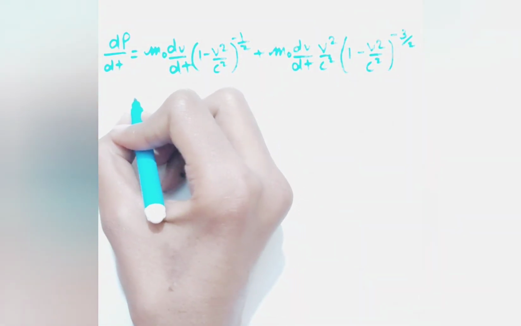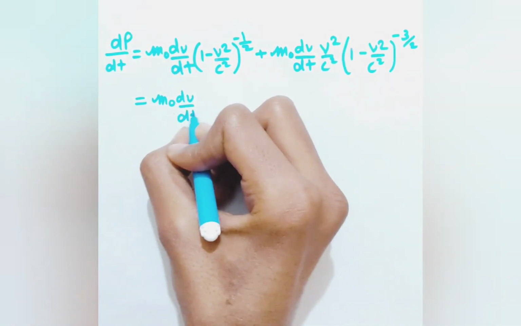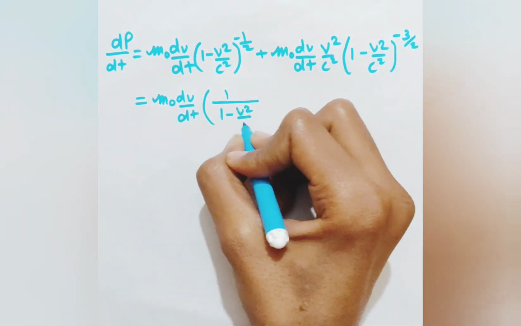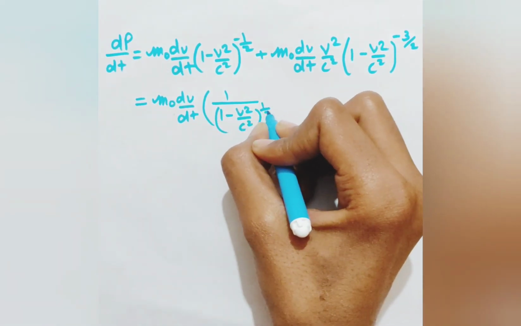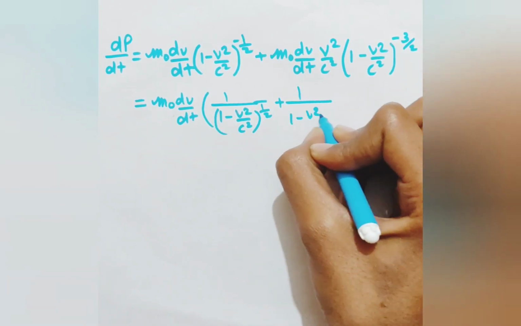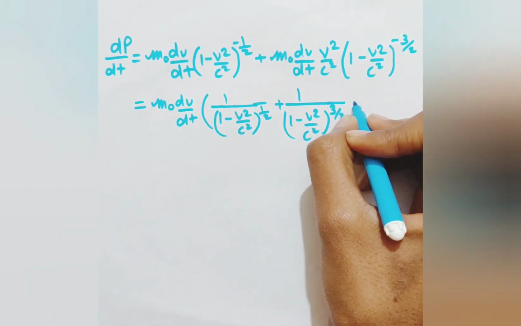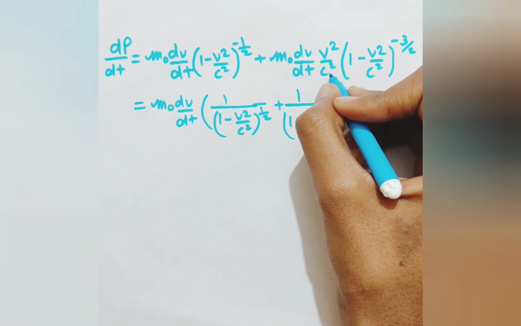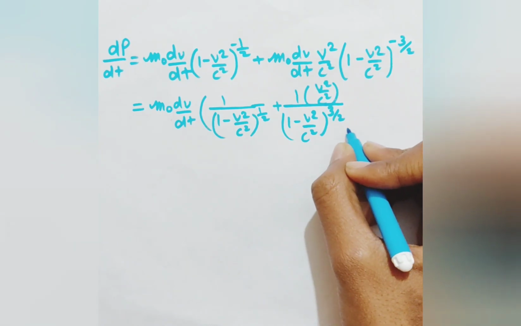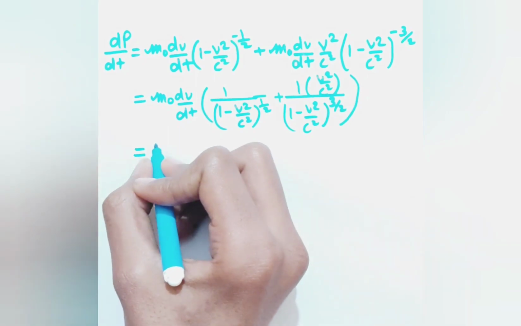Now we can factor out m naught dv by dt and rewrite it as m naught dv by dt times 1 divided by 1 minus v squared over c squared to the power of 1/2, plus 1 divided by 1 minus v squared over c squared to the power of 3/2. Now this v squared over c squared will go here. Now we just need to solve this.